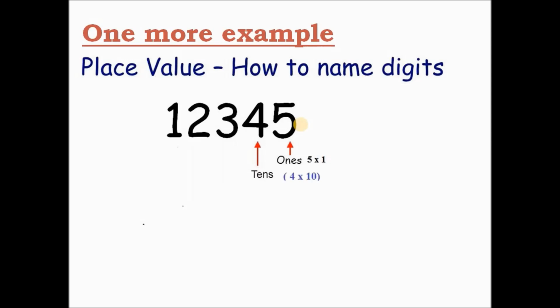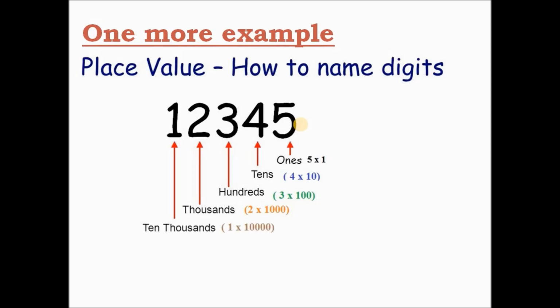So the value of it is 4 into 10. We have the digit 3, which is in the hundreds place. Therefore, the value of it will be 3 into 100. Digit 2 is in the thousands place. So 2 into 1000. And similarly, digit 1 is in the ten thousands place.